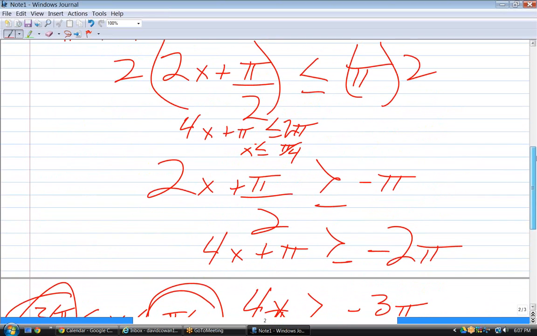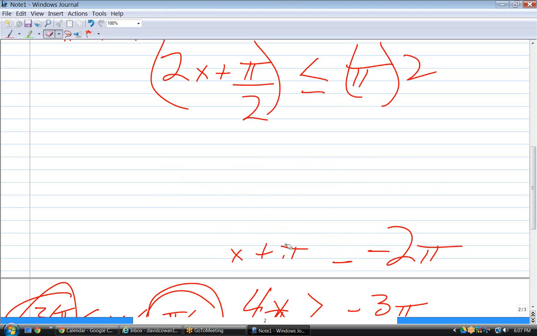So I'm not quite sure what they want here. I'm not sure what the problem is asking. When it says 2x plus pi over 2, what is that supposed to be equal to? What answer do they have in the book?